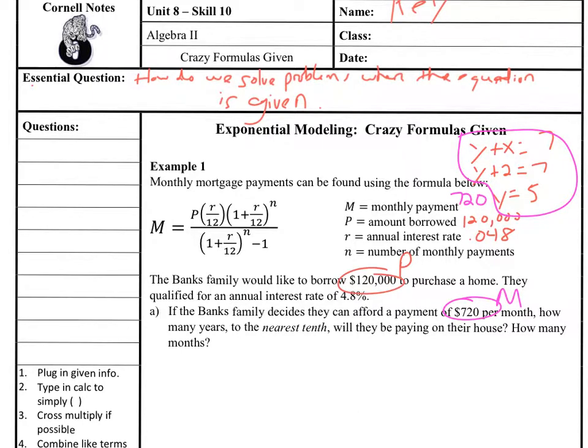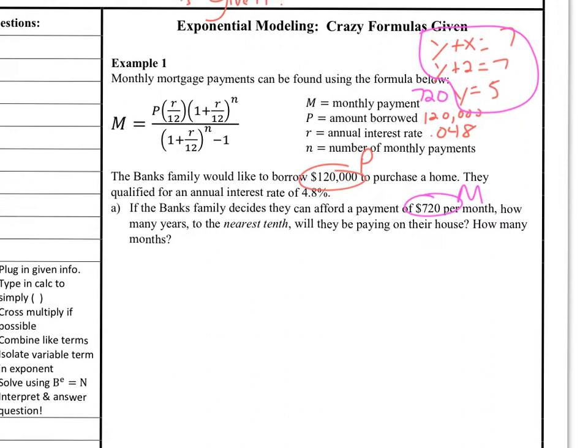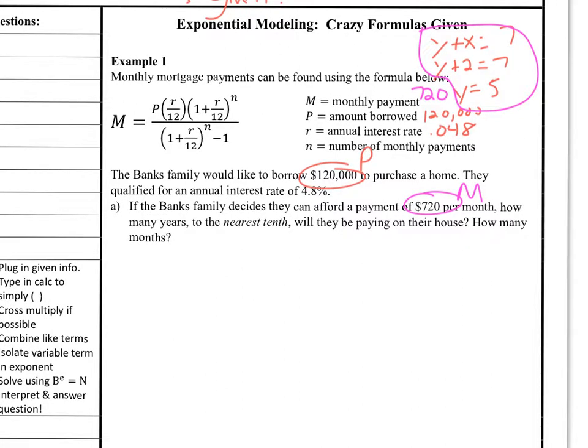And here's where the fun begins. So we're going to plug in now. We know what M is. They told us M was 720. So step 1, plug in. Step 2, cry a little bit. Step 3, continue working. The principal amount is $120,000. The rate is 0.048.